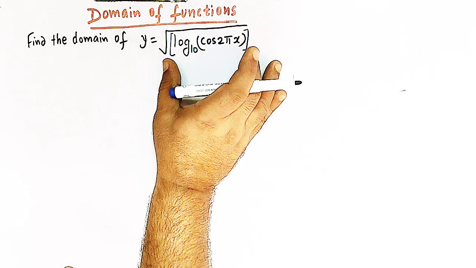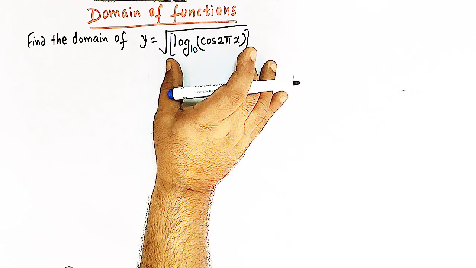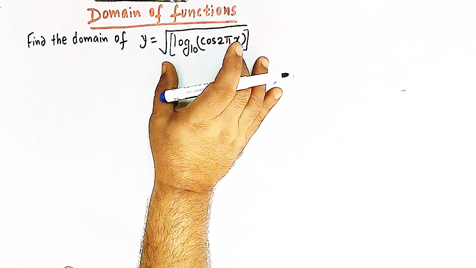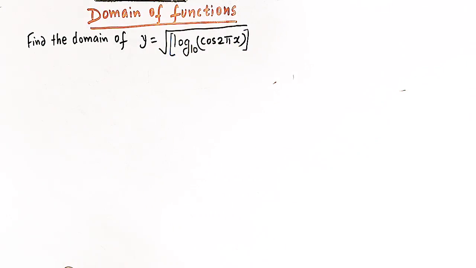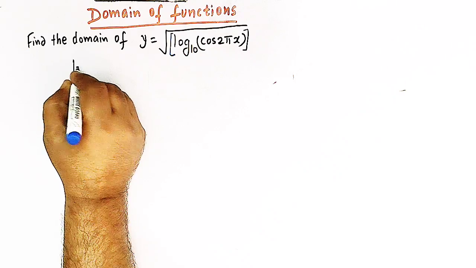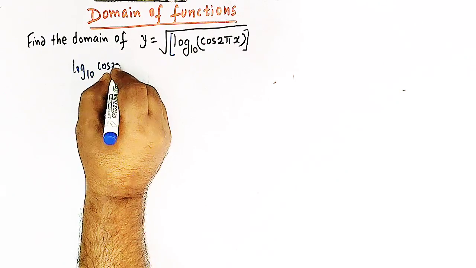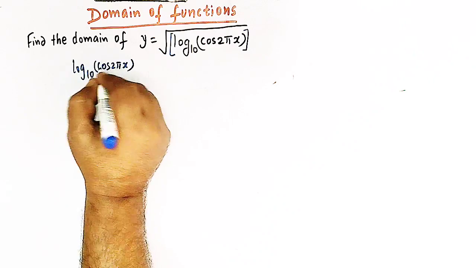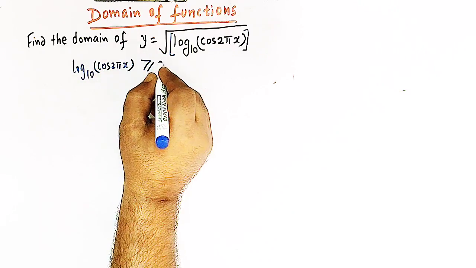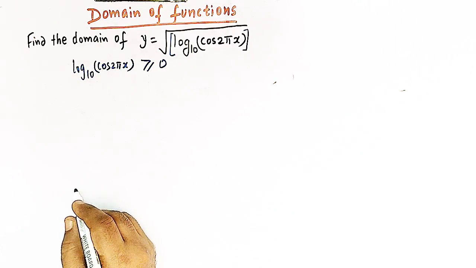So this quantity has to be greater than or equal to 0, so that the domain of the function should lie in the set of real numbers. So the first condition is that logarithm of cosine 2 pi x to the base 10 has to be greater than or equal to 0, right?